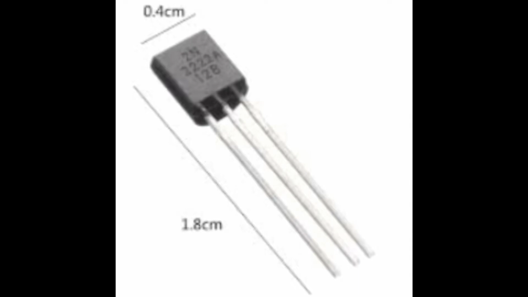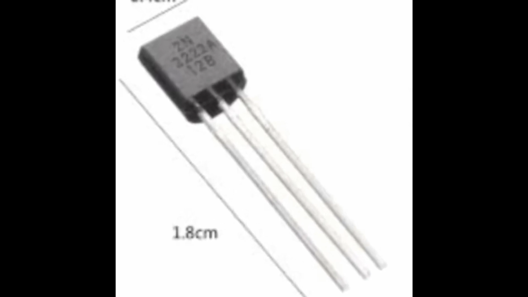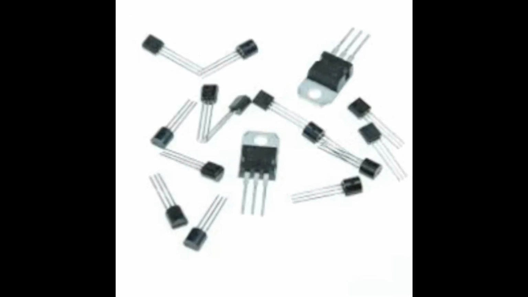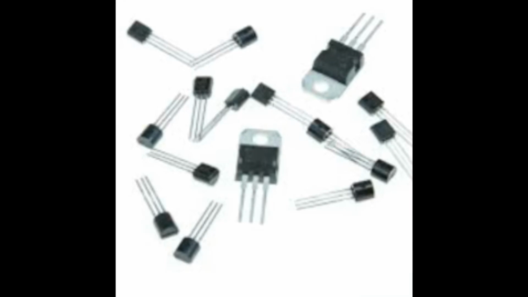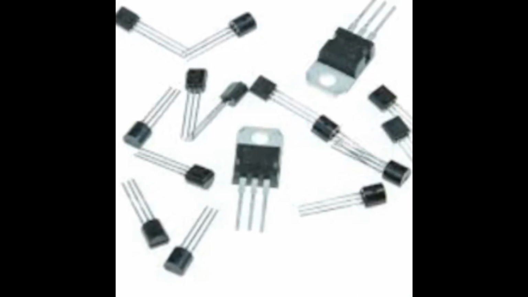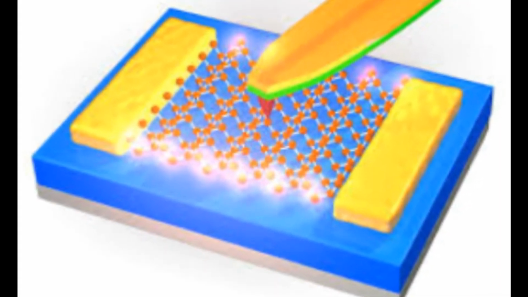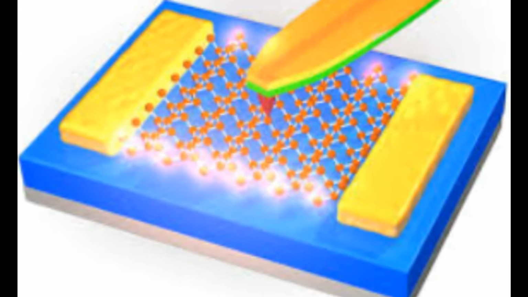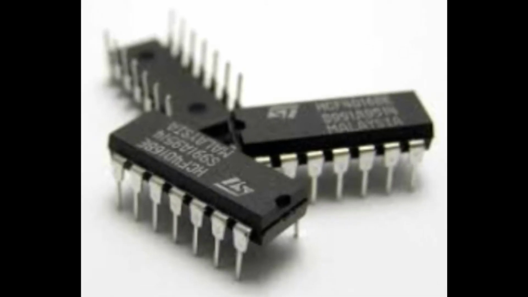It is the fundamental building block of modern electronic devices, and its invention started off an electronic revolution, as it is considered to be the greatest invention of the last century, and won the Nobel Prize in 1956.